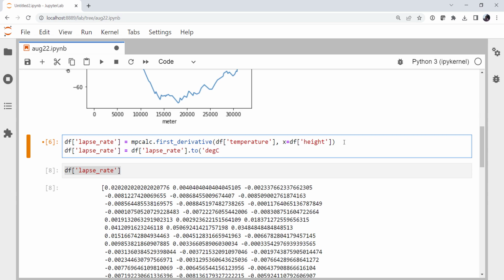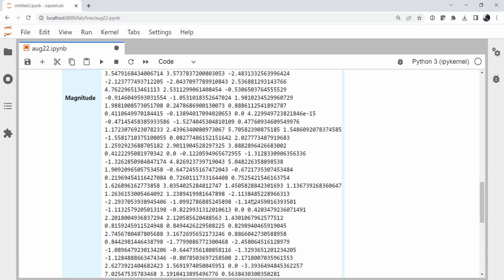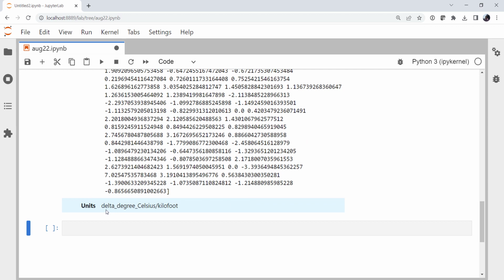And unfortunately, I want to go to degrees Celsius per 1,000 feet, as that's a common unit here. But you can't say per 1,000 feet. That does not work. We have to use the standard prefix for 1,000, or kilo, and then our unit. So degrees Celsius per kilofeet. And if we look at that, now we have numbers that look more like lapse rates we're used to looking at, and we have a delta degree Celsius per kilofoot unit, which makes sense.